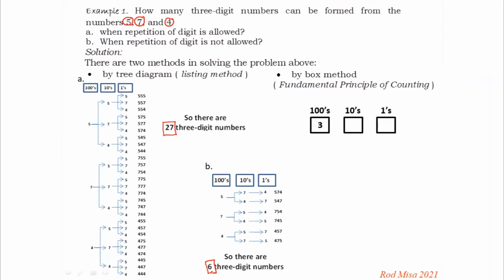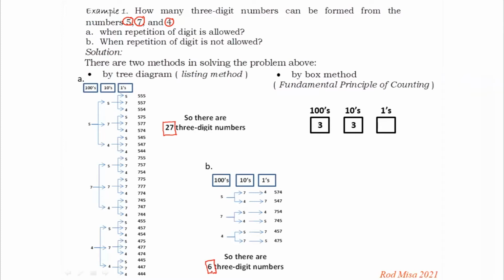But in the tens place, I can also choose any of the 3 digits because repetition is allowed. For example, if I have placed 5 in the hundreds place, I can still place 5 in the tens place. So any of the 3 digits can be placed in the tens place.